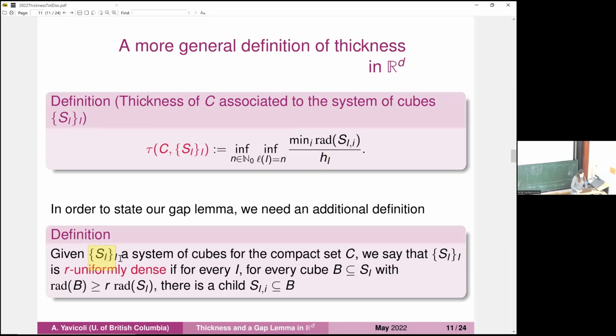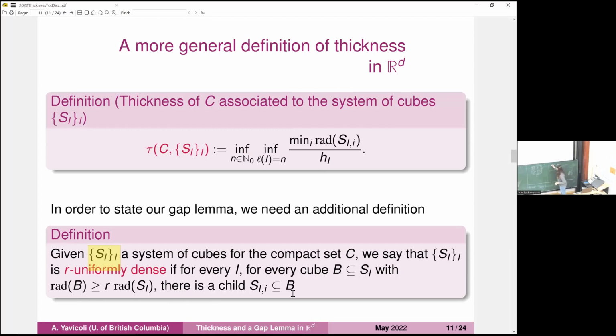We say that a system of cubes is R-uniformly dense if for every cube in the family and for every cube B that is inside the cube of the family, with radius that is not so small compared with the radius of S_i, there is a child contained in the cube B. Let's say that R is, I don't know, 1/4 here, for example.